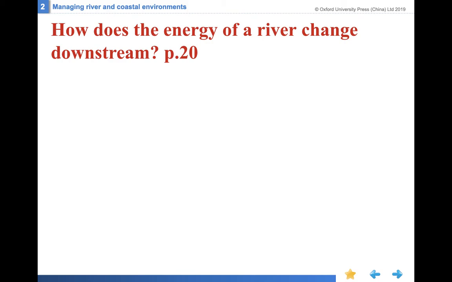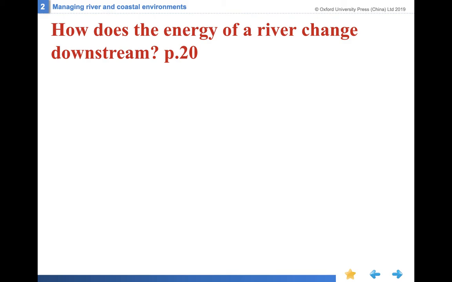So, after we know that, how can we distinguish the energy of the river and the different factors affecting the channel water amount, and also the speed of the water flow? We need to know more about different courses.